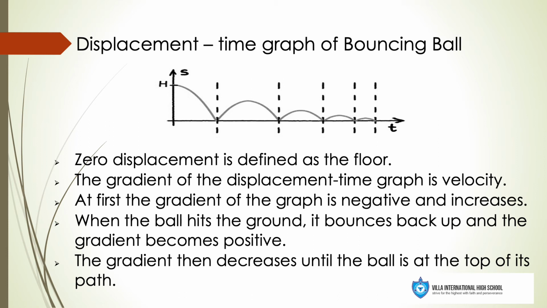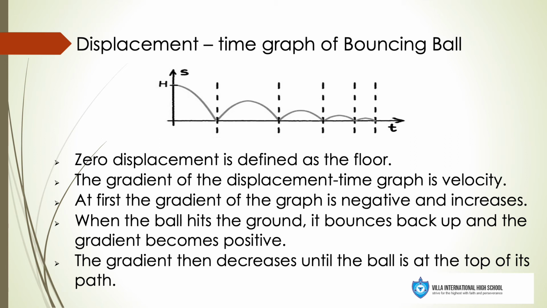It hits the ground again, so displacement is zero, and it continues. Each time the height is different, which means it loses some of its energy, so the height decreases. This is how the displacement time graph looks.